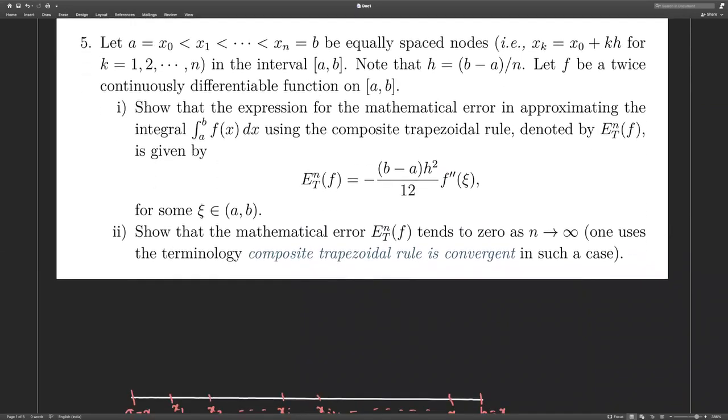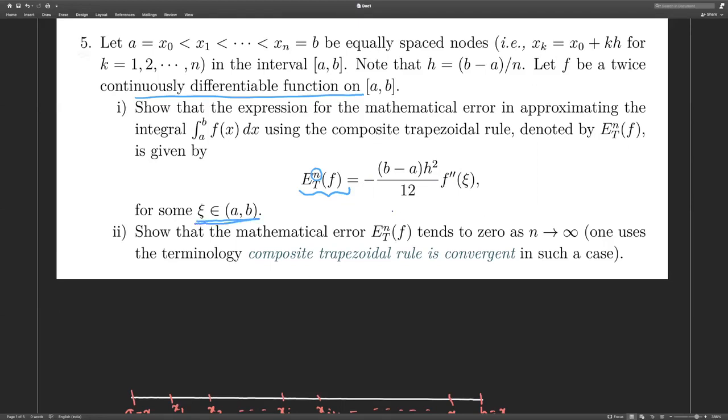So these are the things that we know already from when we were developing the composite trapezoidal rule. We will assume that f is twice continuously differentiable on the interval [a, b]. Then the problem says that the mathematical error involved in the composite trapezoidal rule with n plus 1 partition points is given by minus (b minus a) h square by 12 into f double dash of xi, where xi is some point in the interval a to b.